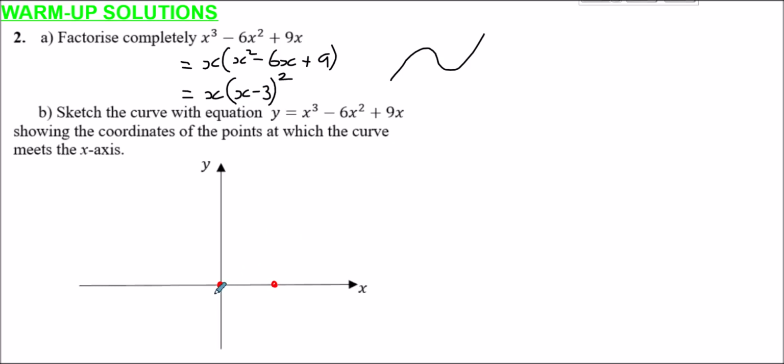And so the graph, fitting through these points where this is going to be a repeated root, will have to look something like this. It comes down again and back up. It does say to label where it meets the x-axis, so we need to label this 3, and that there obviously is 0, so that will do us.